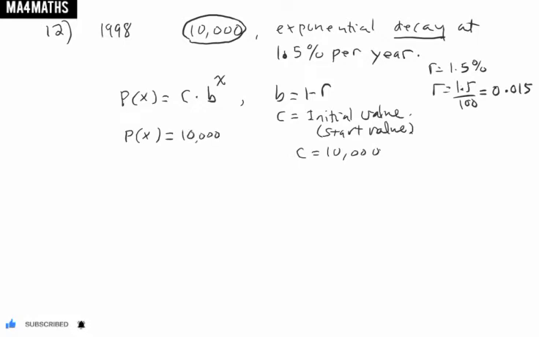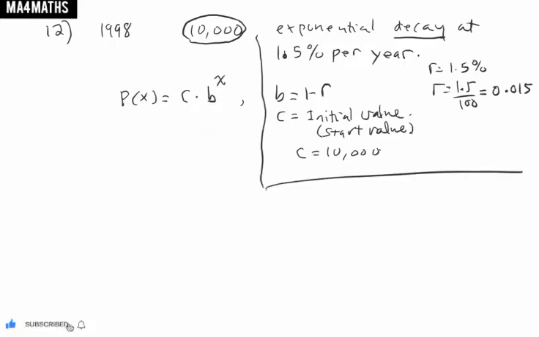B is 1 minus R, it's 1 minus 0.015 raised. Let me just write this a little bit better than this. All right, so P of X is equal to 10,000, 1 minus 0.015 to the X.